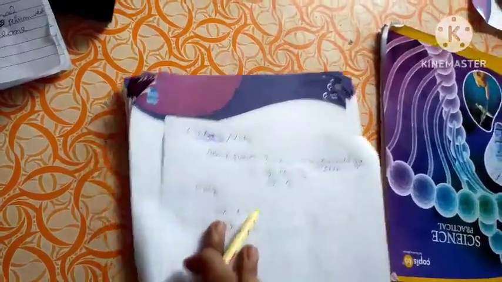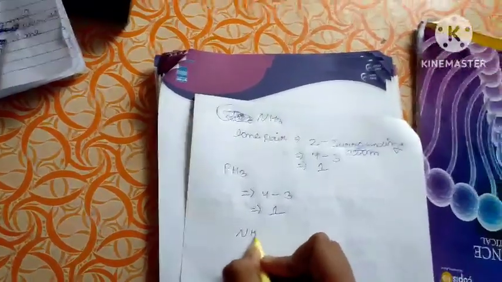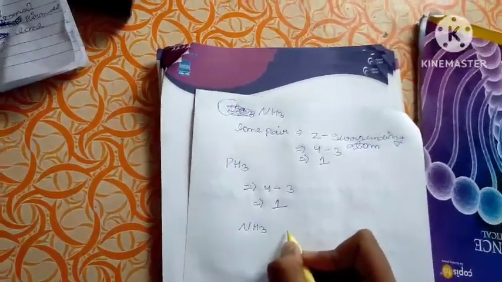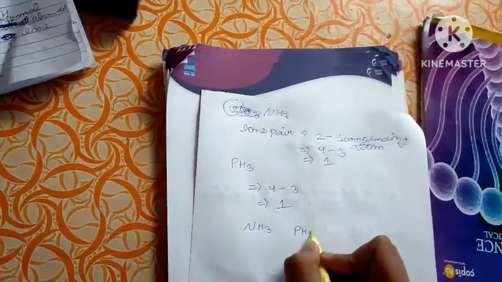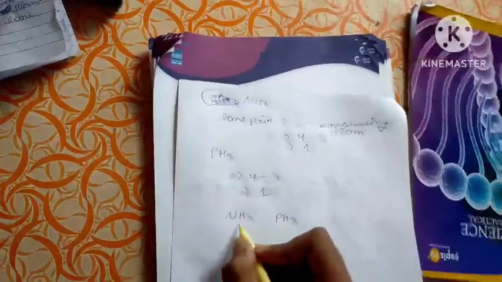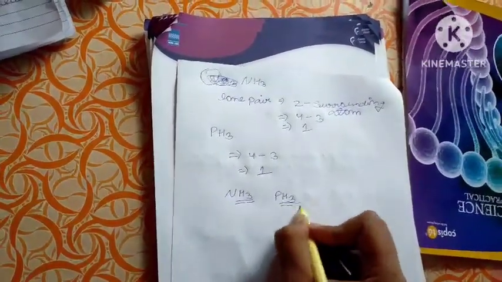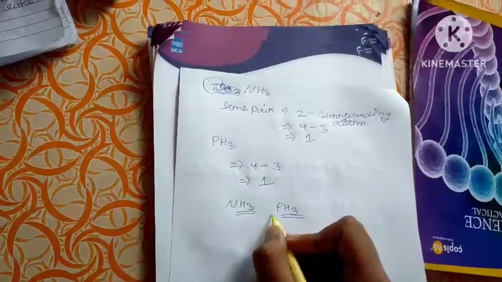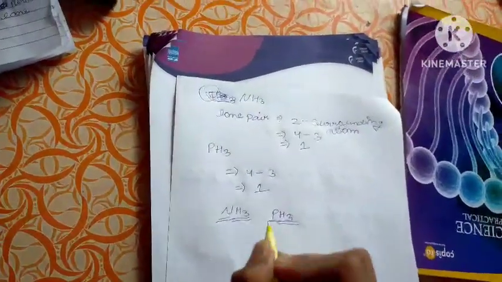So first of all, notice that in both molecules, NH3 and PH3, the common thing is that the surrounding atom is the same, but the central atom is not the same.